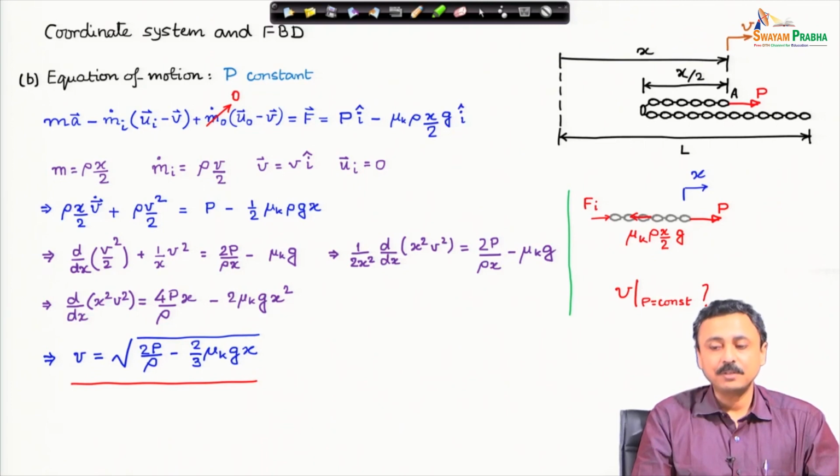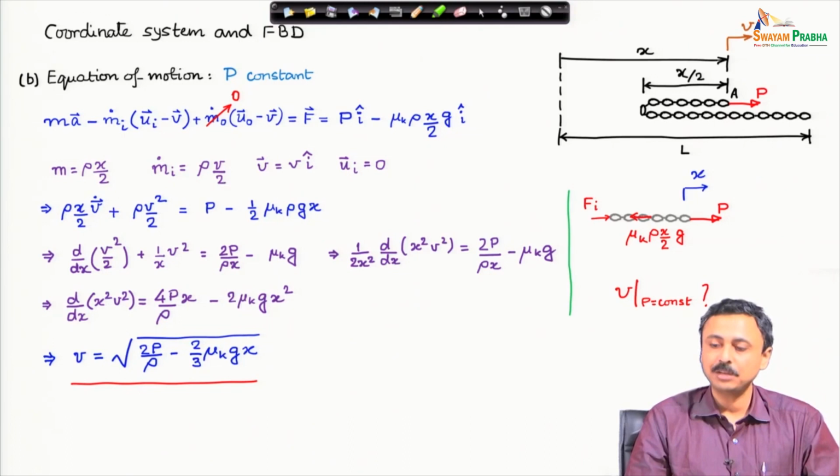Therefore, if the chain has to move continuously till its last link is set to motion, you can calculate what is the minimum force required to bring the whole chain in motion. Whole chain means till the last link.